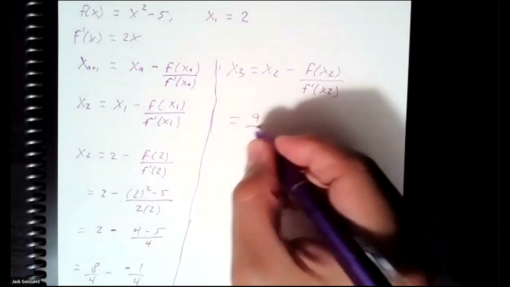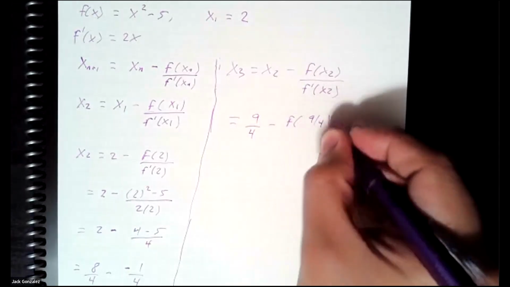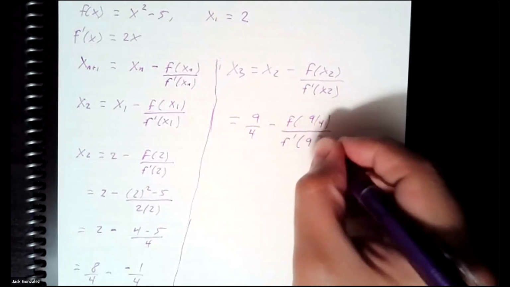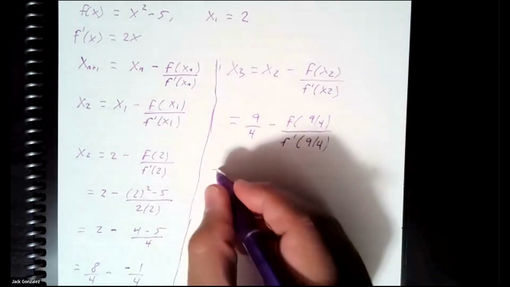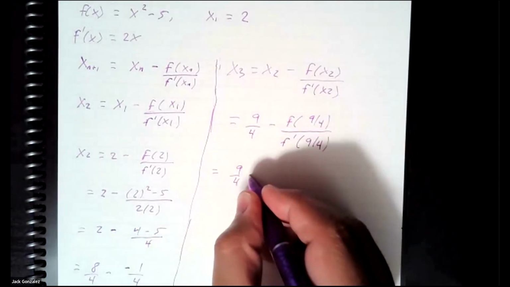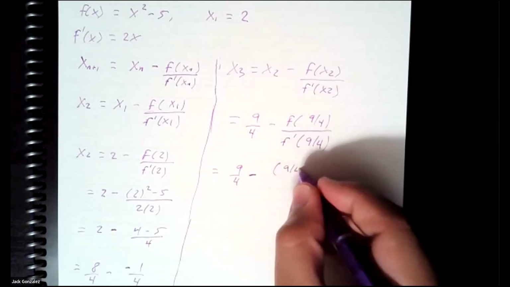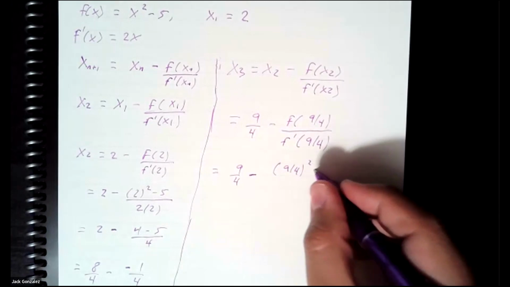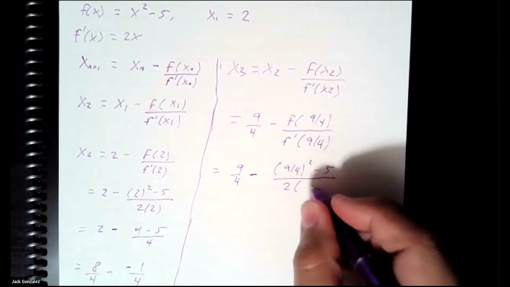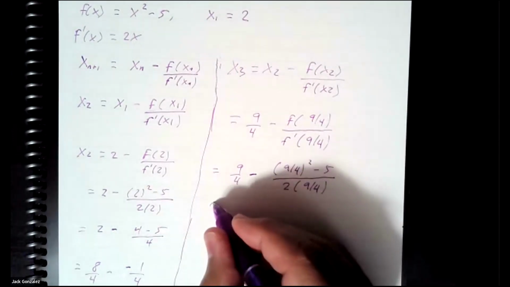So the 9/4 minus the function at 9/4 over the derivative at 9/4. So that'll be 9/4 minus (9/4 squared minus 5) over 2 times 9/4. At this point, I'm just going to use a calculator because it's getting super annoying and I don't really care.